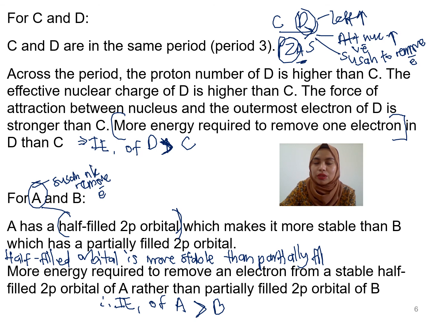Okay, the attraction between nucleus and the valence shell ataupun valence electron. So you just relatekan dengan tiga perkara tu, and I'm sure that insyaAllah you will know how to answer about the ionization energy. Okay, and you pun kena tahu juga pasal faktor yang mempengaruhi the magnitude of the ionization energy. So I think that's all for this session for now.